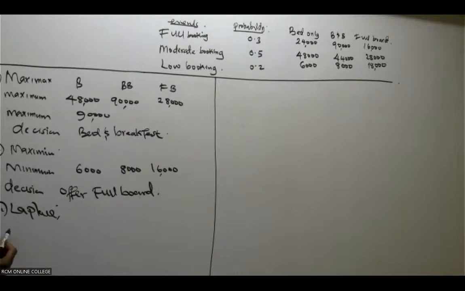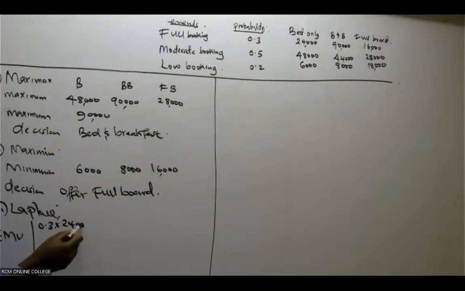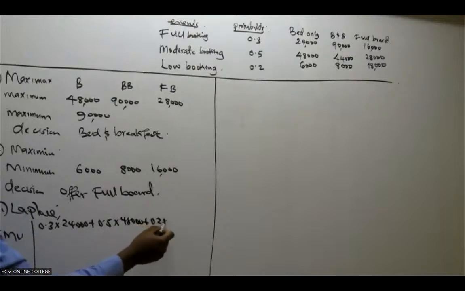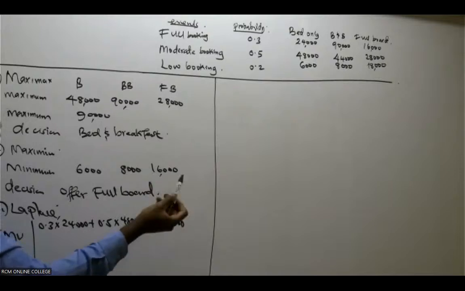We are basically interested in getting expected monetary value, and then we pick the highest. So we need to check 0.3 by 24,000 plus 0.5 by 48,000 plus 0.2 by 6,000. You get the answer.